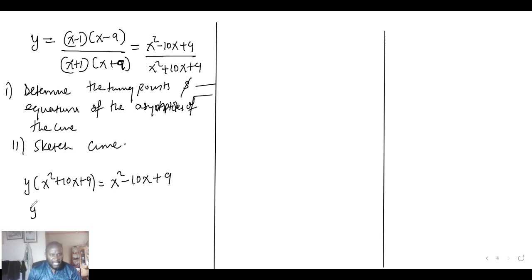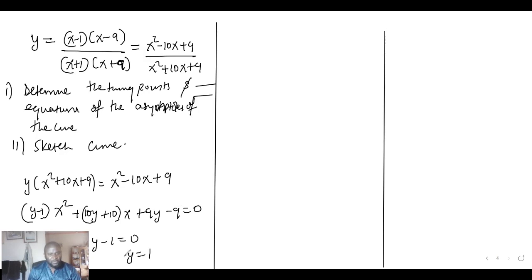You'll get (y minus 1) of x squared plus (10y plus 10) of x plus (9y minus 9) is equal to 0. The horizontal asymptote is y minus 1 is equal to 0. So it is that y is equal to 1.